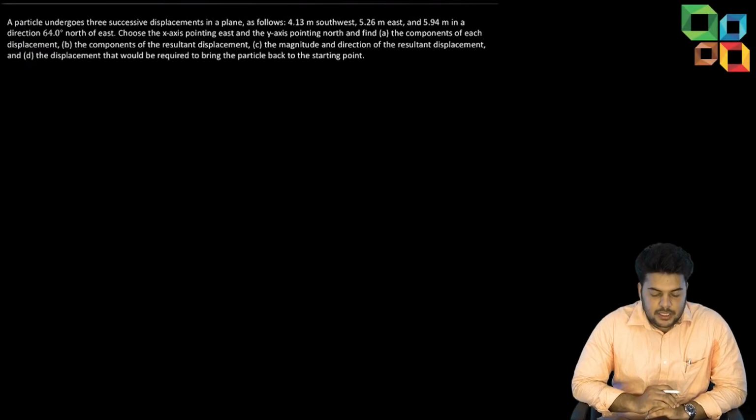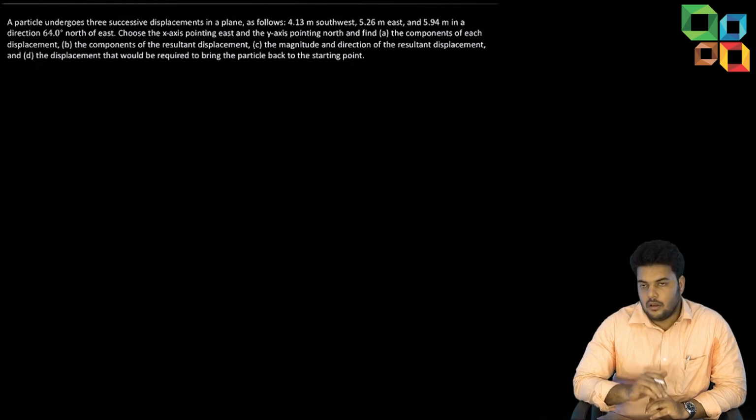A particle undergoes 3 successive displacements in a plane as follows: 4.13 meters southwest, 5.26 meters east, and 5.94 meters in a direction 64 degrees north of east.